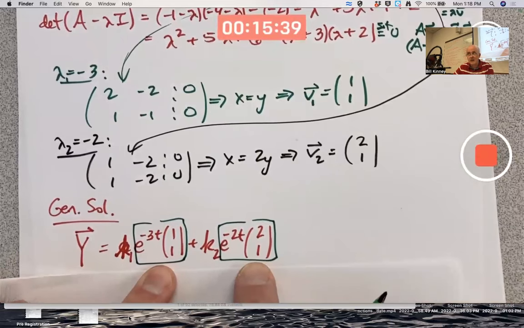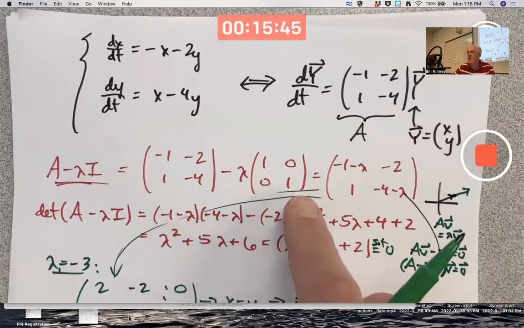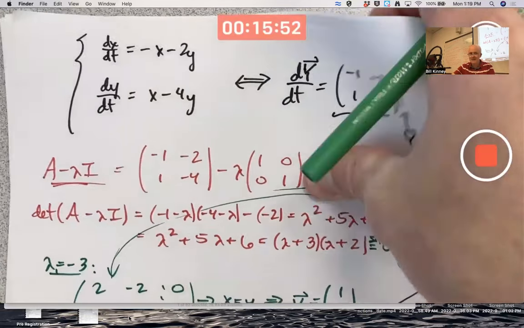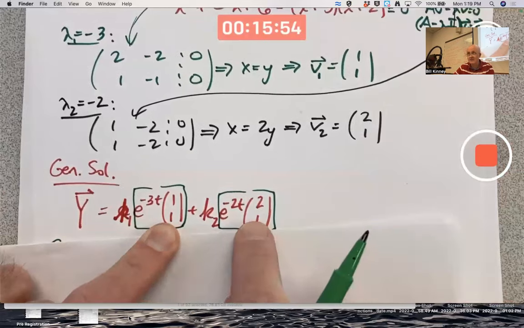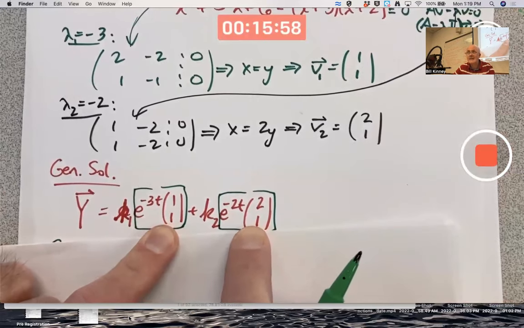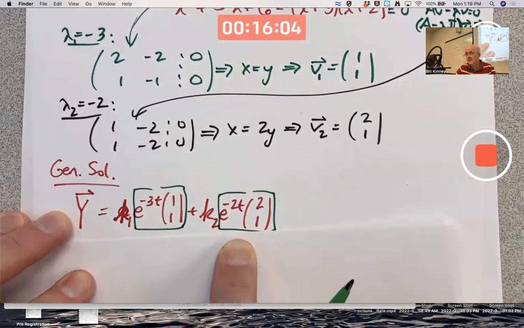They're not scalar multiples of each other. Being a two-dimensional system, it's possible to show that the solution space is a two-dimensional vector space. And therefore, these two functions, emphasis on the word function, form a basis for the solution space. And so if I take a linear combination of them, that's guaranteed to be the general solution.